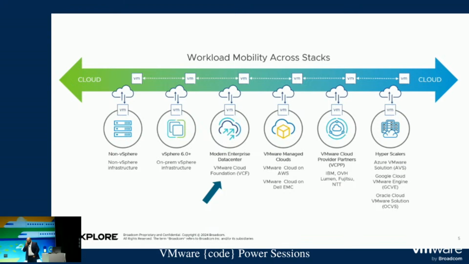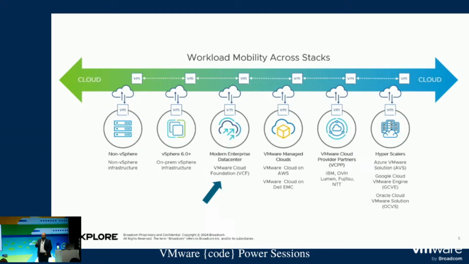So when you think about HCX, for me, it is a Swiss knife. You can do pretty much everything with HCX. You can migrate non-VMware virtual machines from Hyper-V and KVM, so it has a converter embedded.